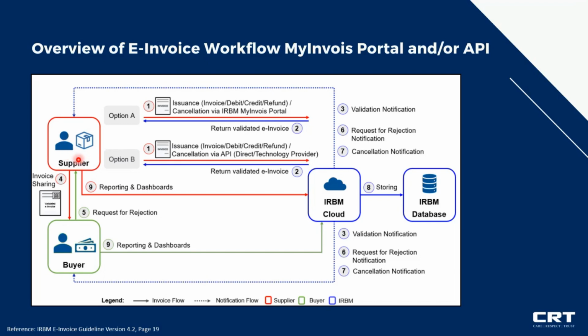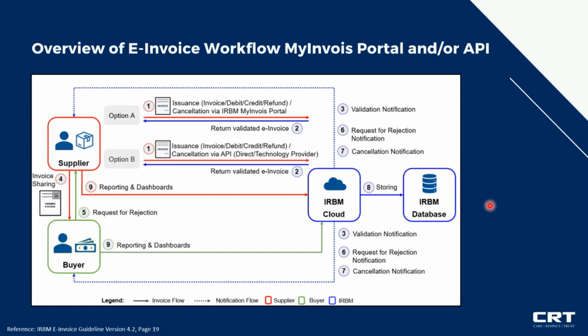So you as a supplier will be required to share this information with your buyer. If the buyer requests a rejection, it will flow back to you, and the IRBM cloud will inform you that you have a request for the rejection. The IRBM cloud will also tell you that you will need to have the cancellation notification.